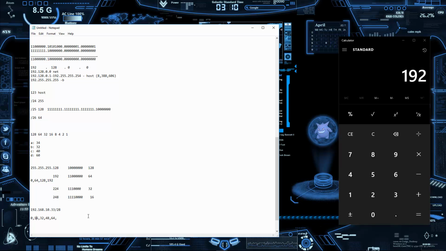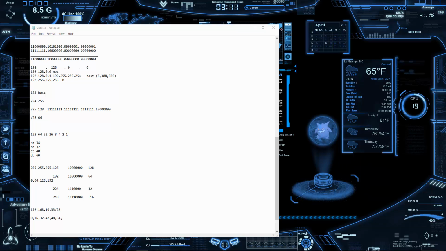Basically what we can do is, we know the magic number for /28 is 16, since we took it in binary or whatever, and from there it's 0, 16, 32, and we can do the math. Obviously we can see from here and say, yeah, it is, but just doing the math, it's 32 and 47. So as far as that goes, that's just something that you might run into. So just note that.